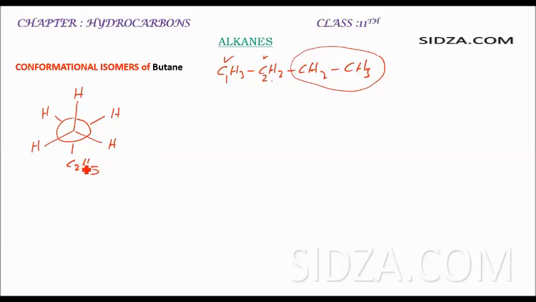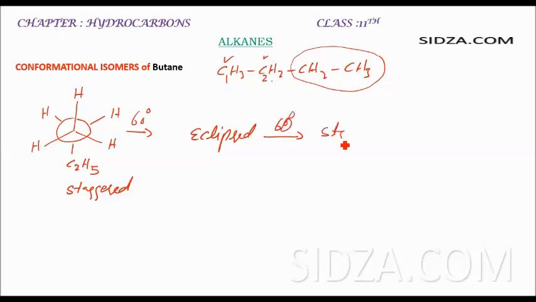So around C1 and C2, you can only have two conformational isomers, staggered and eclipsed, right? If I rotate it by 60 degrees from the staggered one, I get the eclipsed state, correct? And again, if you rotate it by 60 degrees, what do you get?